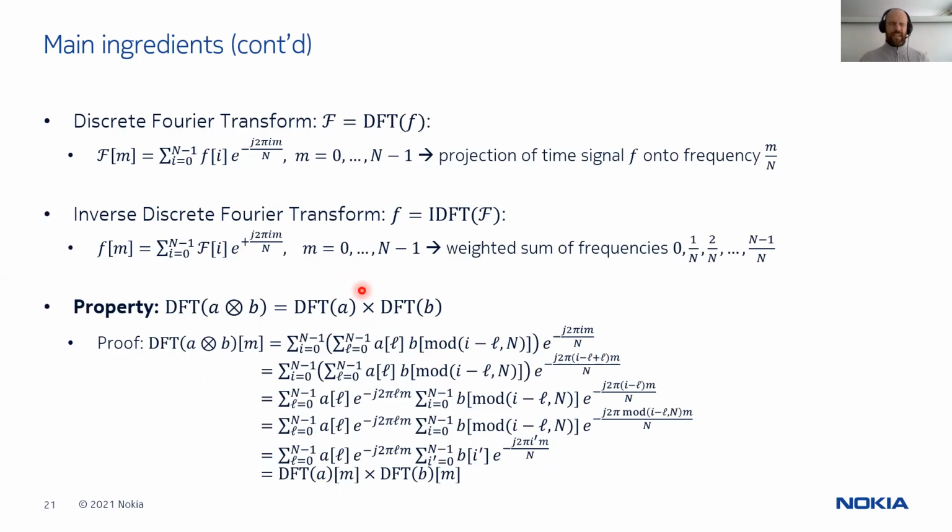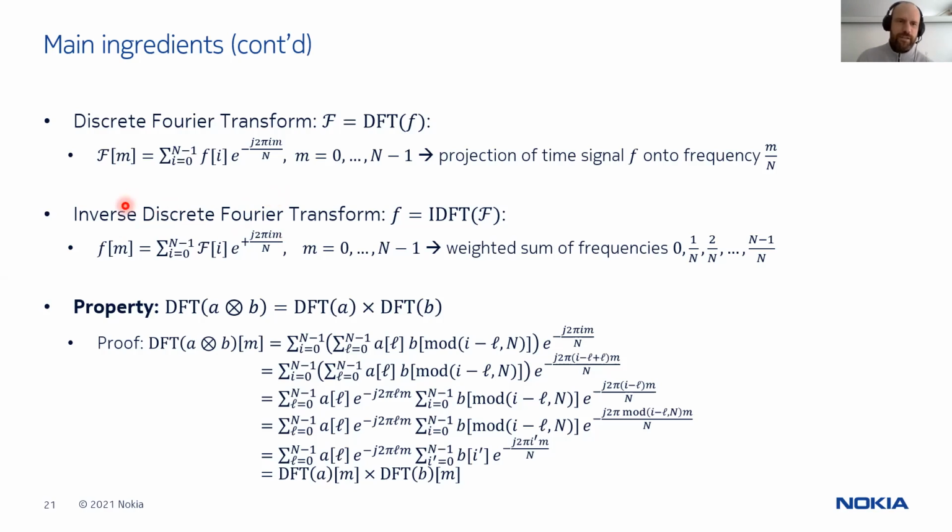Because of this property. But in order to get to this property, I have to introduce these other two concepts: the discrete Fourier transform and its inverse. Let's assume that you know what the Fourier transform is. The discrete Fourier transform is, without any surprise, the discrete analogue.